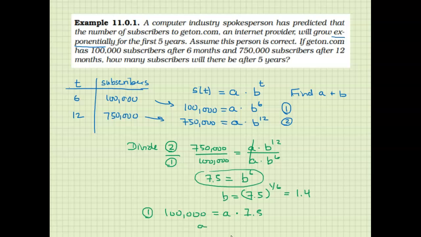So a equals 100,000 divided by 7.5, which is equal to 13,333.3 repeating.